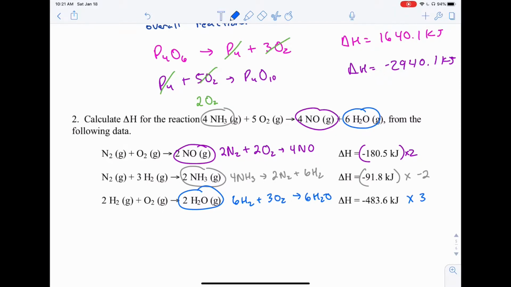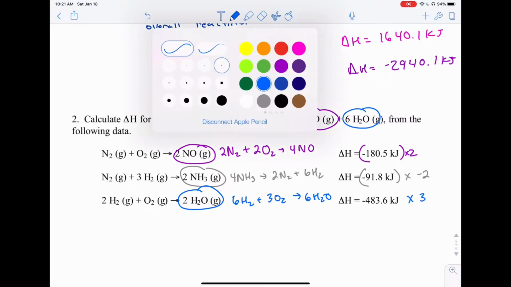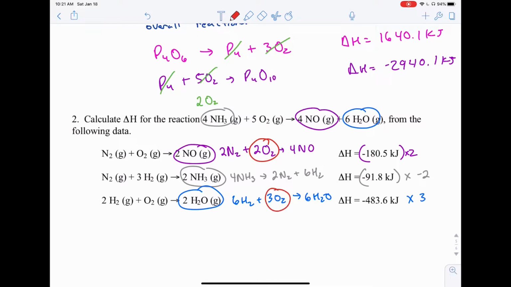Okay? And again, if you write all those reactions out and you cancel everything, it will work out. Because if you look here, the 5O2s are already accounted for. The N2s cancel out. The H2s cancel out. And you're left with whatever is left in the equation there. So let me multiply it really quickly. I've done this problem so many times I should know the answer by now.